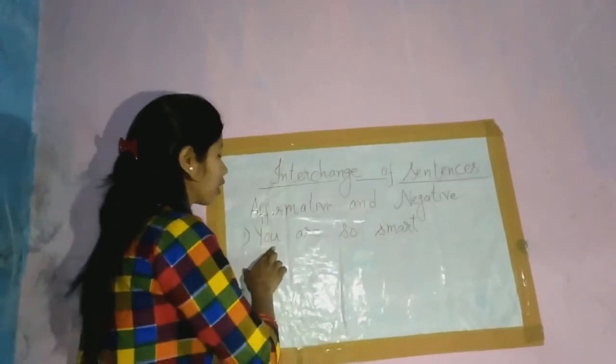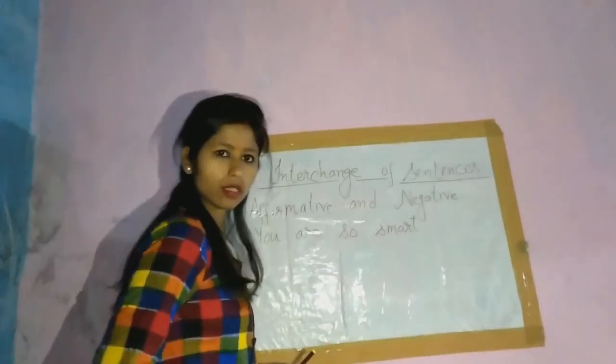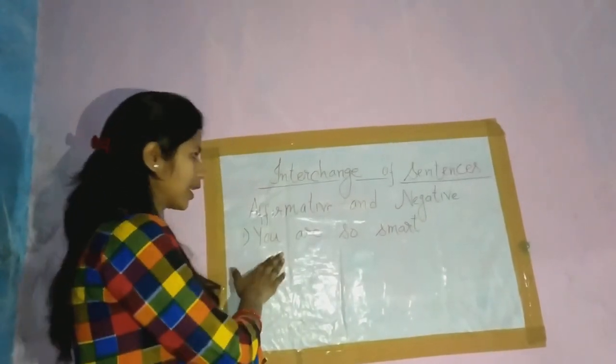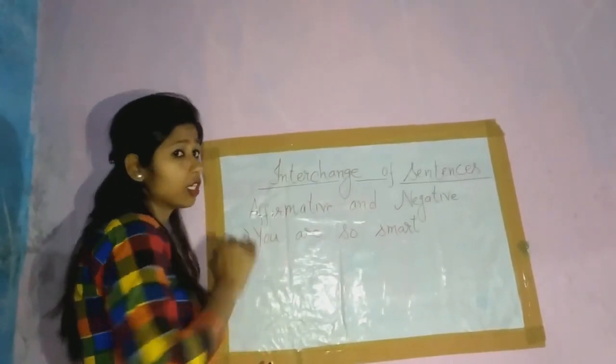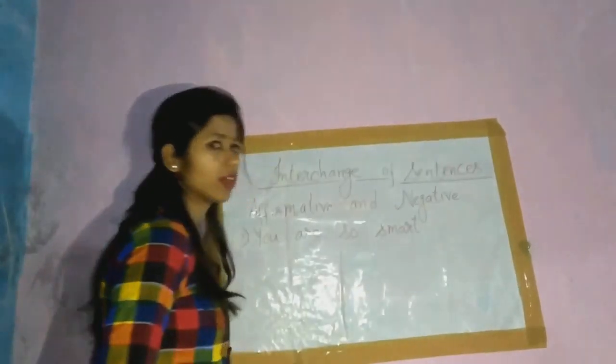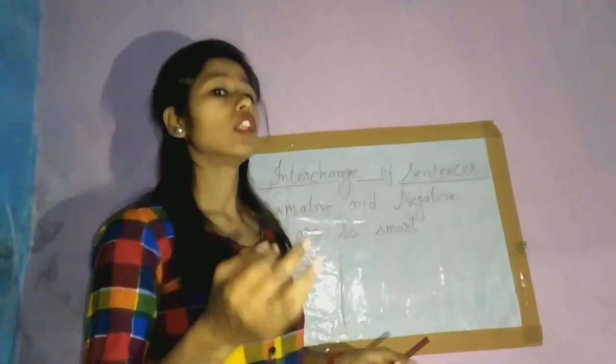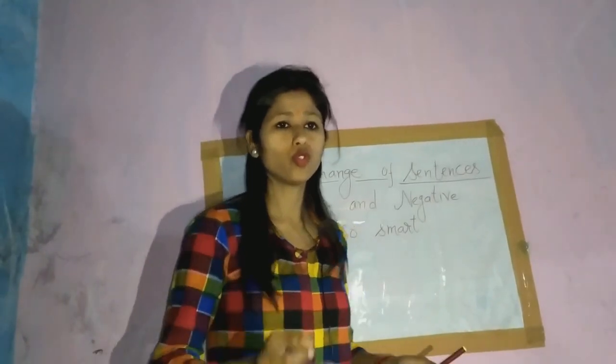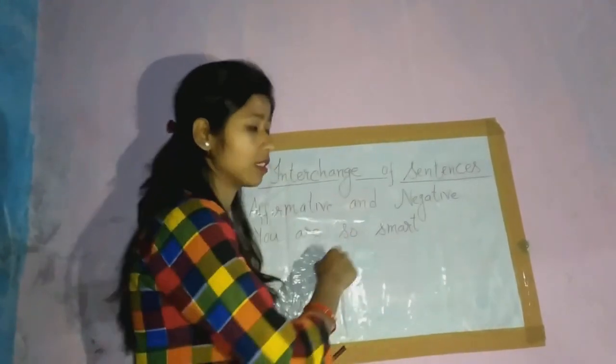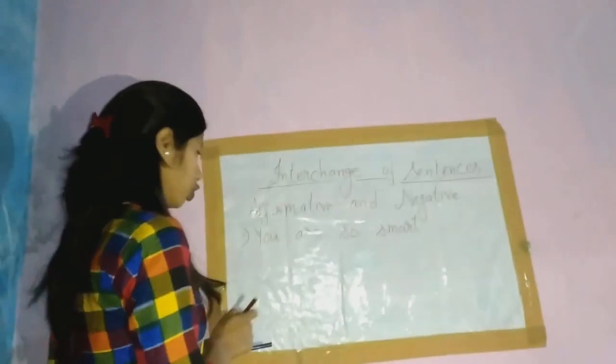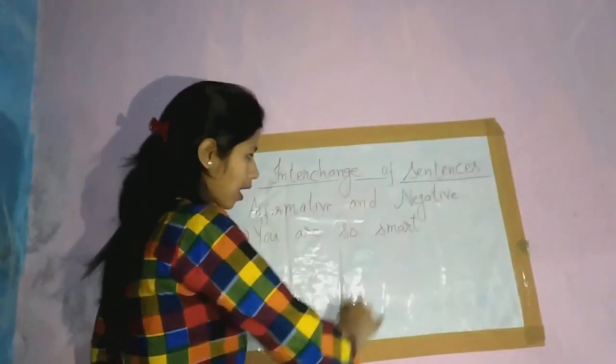You can see, you are so smart. This is an affirmative sentence. If I have to change this to negative, what is the rule? The only thing is, I have to use no or not in this sentence. Let's see. You are so smart.